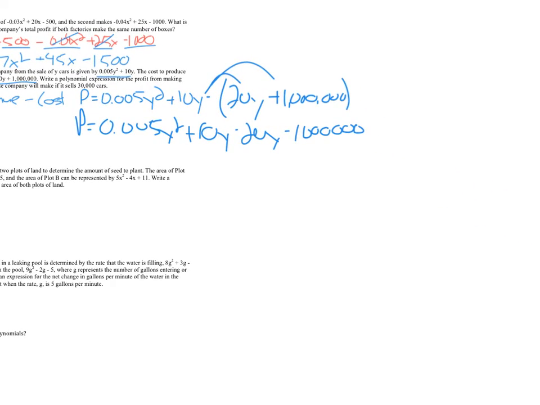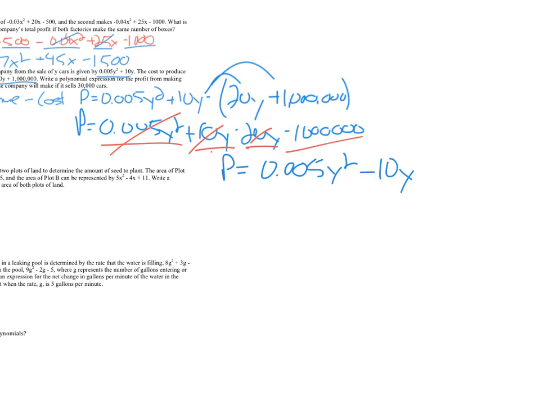Now combining like terms here, we get P, our profit, equals, there is no y squared, so we get 0.005y squared. There are two y's, so 10 minus 20 is a negative 10y. And then we just have one constant, which is negative 1 million. Now they want us to find the profit if they sell 30,000 cars.